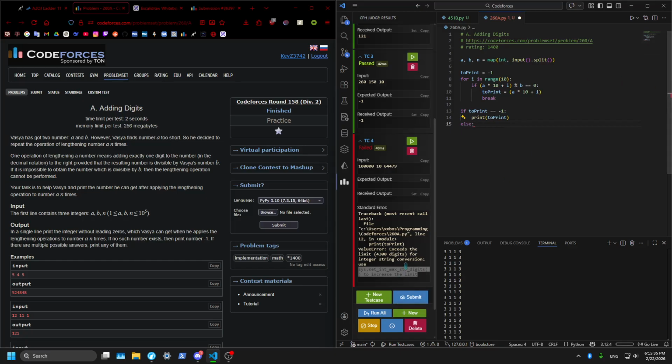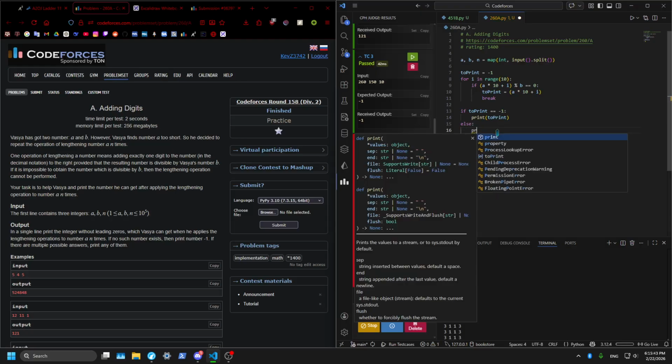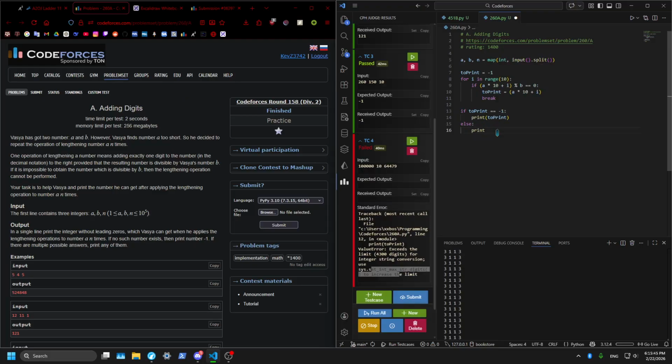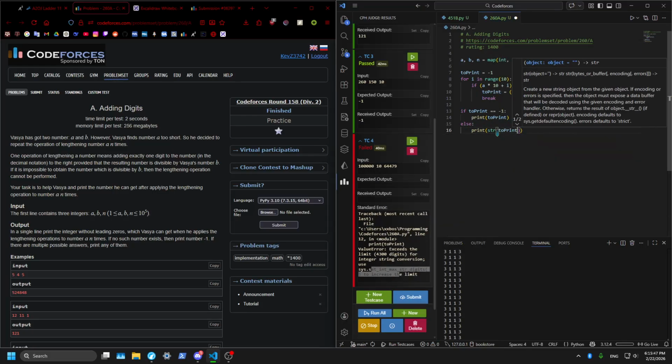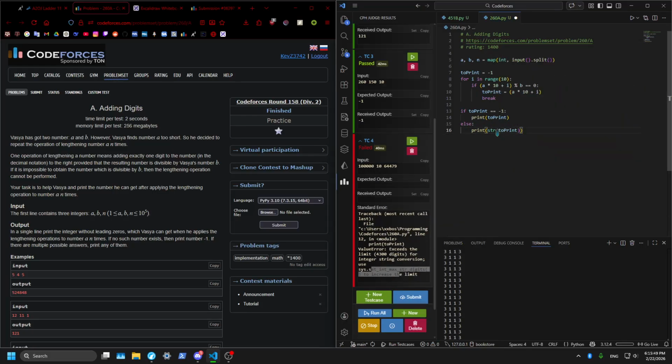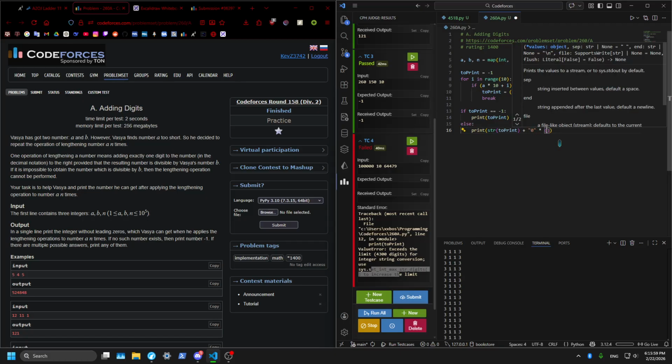Apparently I have to import a library, import sys, and then manually increase this number, but I don't really have to. I just print str toPrint plus 0 times n minus 1.